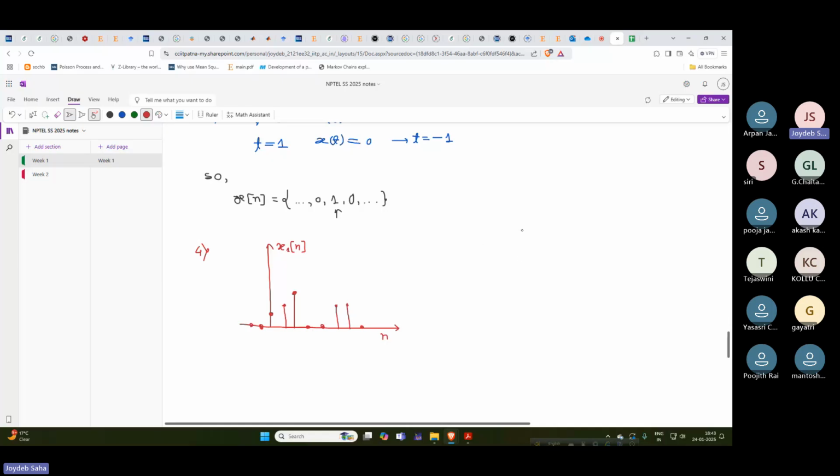Another signal is, okay, this is 2. At 1 also this is 2, then 0, this is minus 2, 4, this is minus 2, again minus 2.